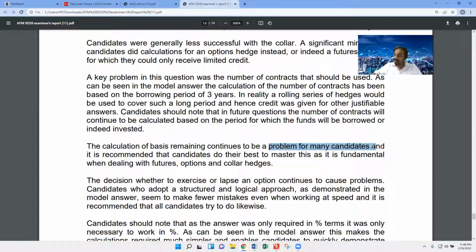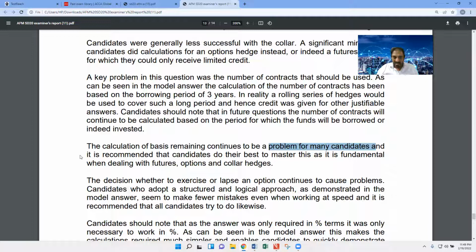If it is the December contract, the December contract will end by 31st December. Then for the remaining basis risk, the numerator, go to the transaction date and calculate the remaining time till 31st December. Transaction date 1st December, remaining time till 31st December, 1 month.